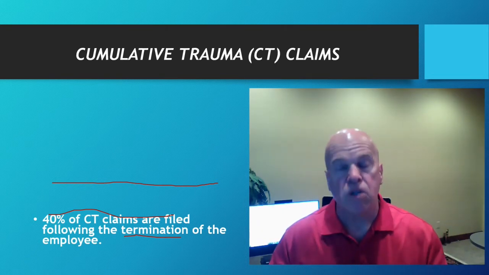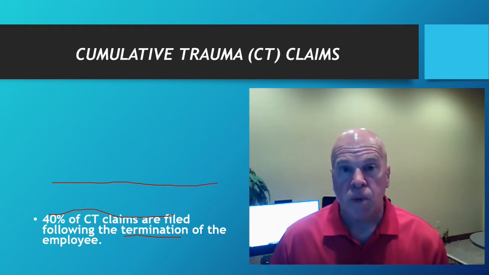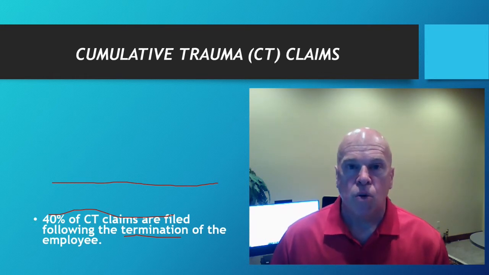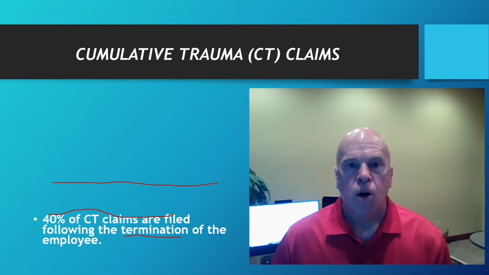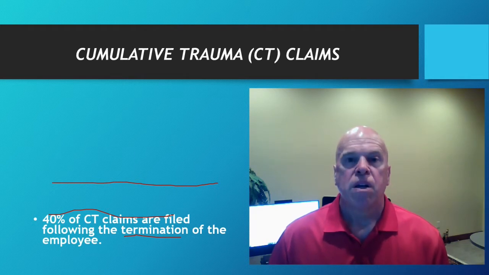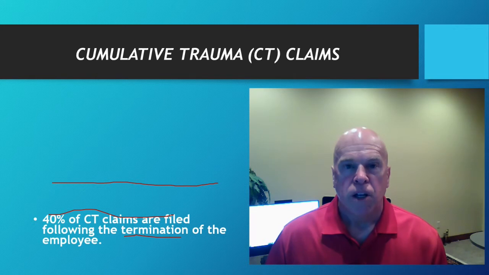Is it coming from these population dense areas? And then secondly, is this claim being filed post-employment after the employee is no longer working with the employer? Okay? So these are some things that you can start to quicken your thinking toward with your very next evaluation that seems to involve an allegation of a cumulative trauma injury claim.